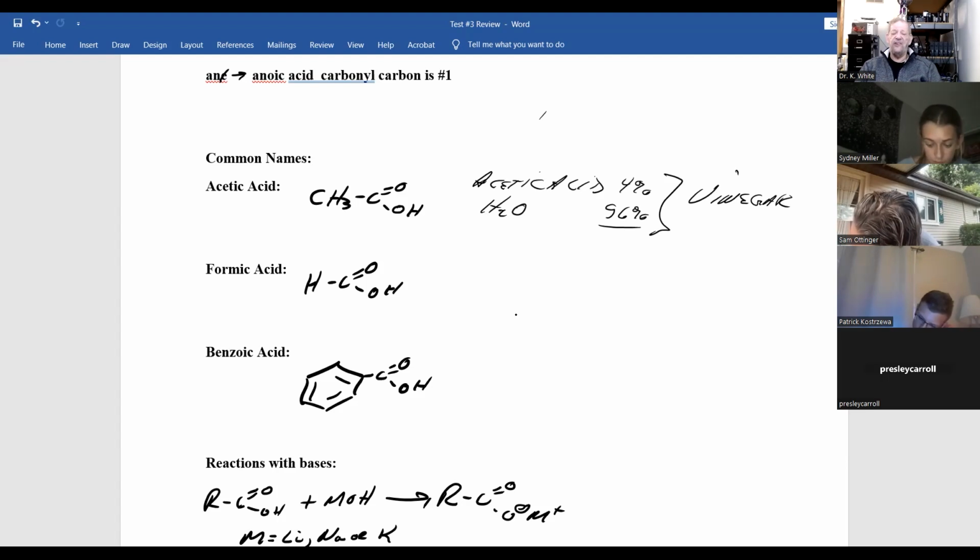And all vinegars are acetic acid. And there's some minor other things to make it taste different. My favorite is apple cider vinegar or Moroccan rice wine vinegar. Those are my two favorite. And regular vinegar is nice too.